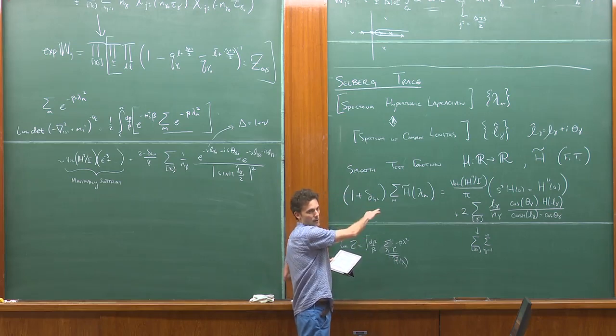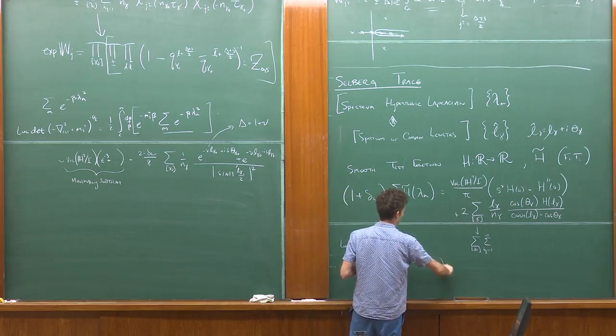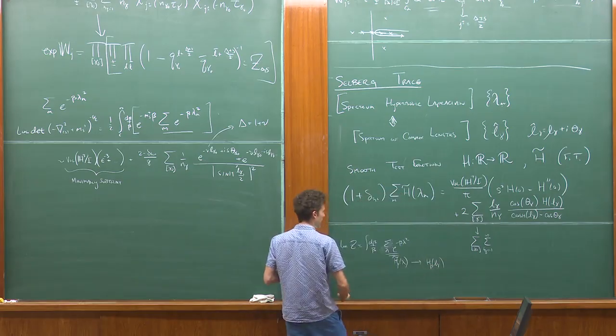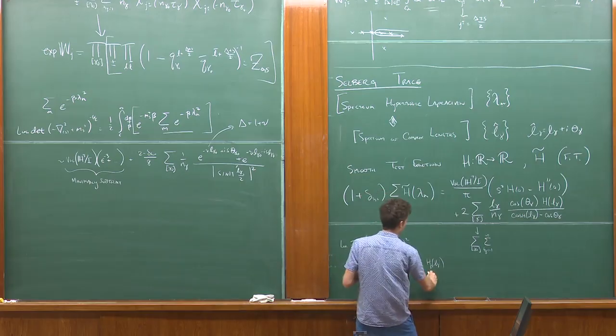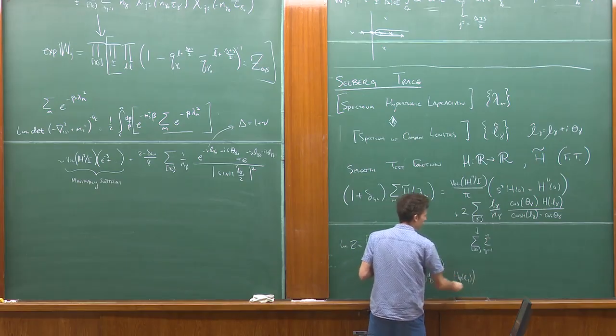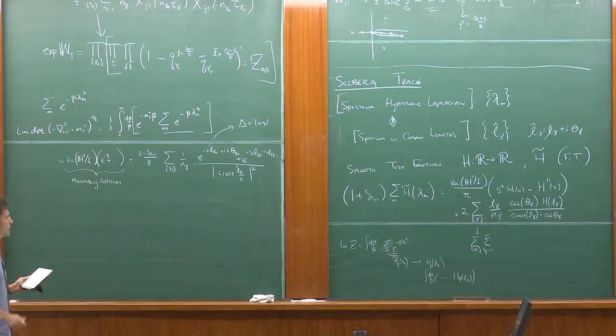I want to use the Selberg trace formula to write this in terms of h of L. There's a beta appearing in the h. And then I take this right-hand side and integrate d beta over all the stuff with h beta of L. So that is exactly the quantum mechanical partition function you were talking about. Yes.